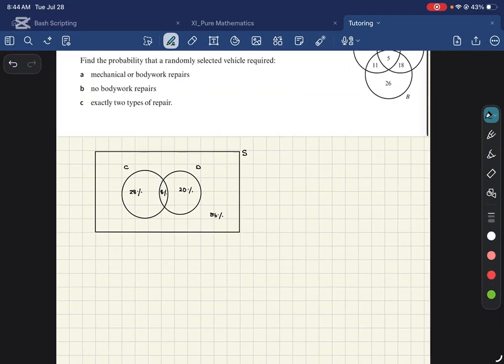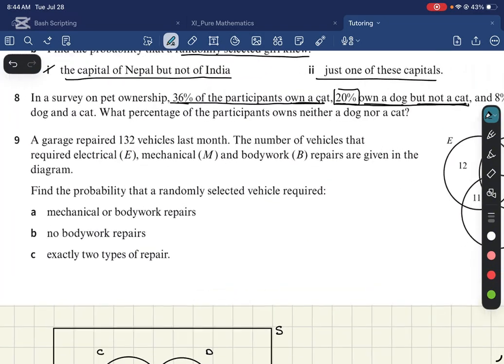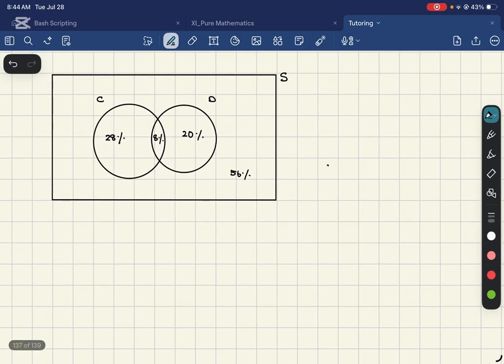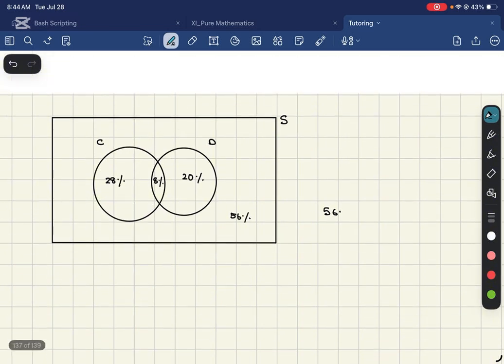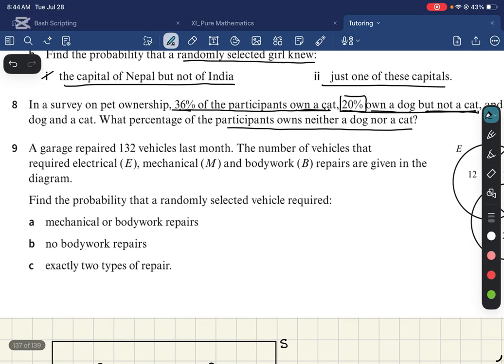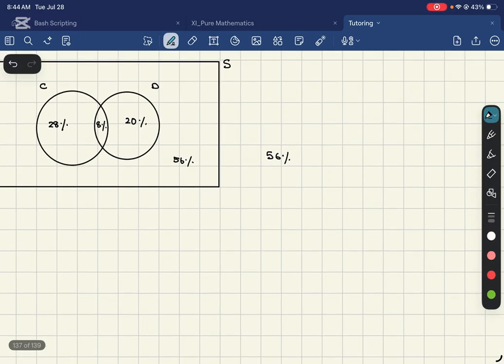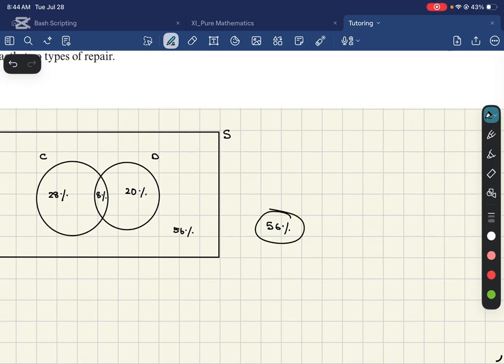Now, what percentage of the participants owns neither a cat nor a dog? So the solution is 56%, right?